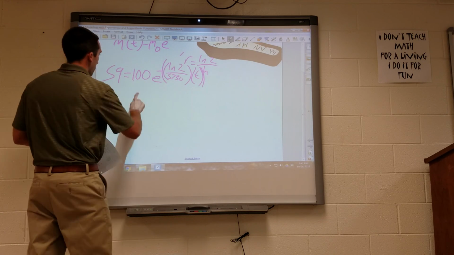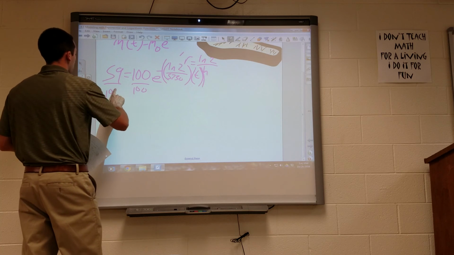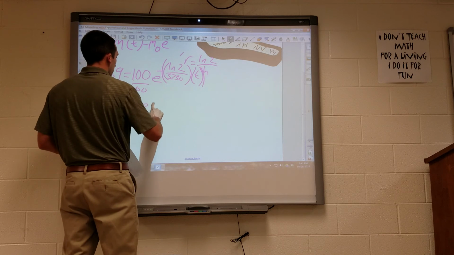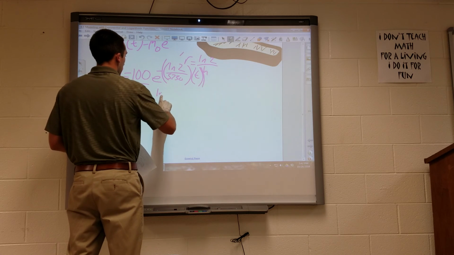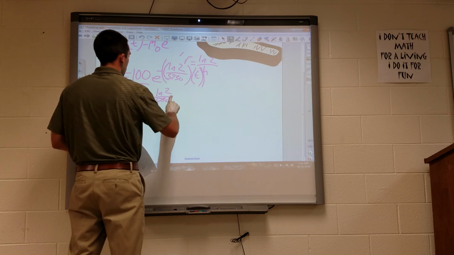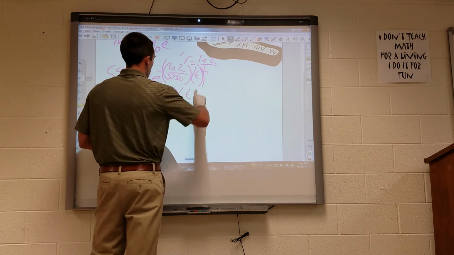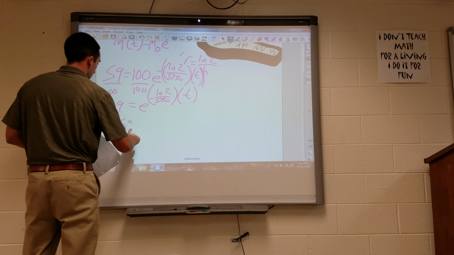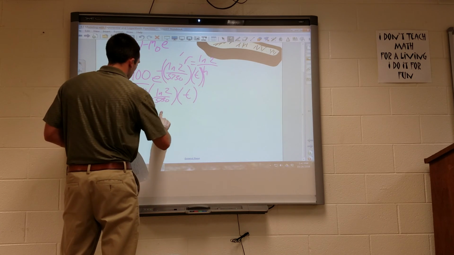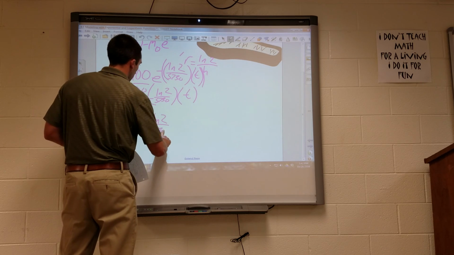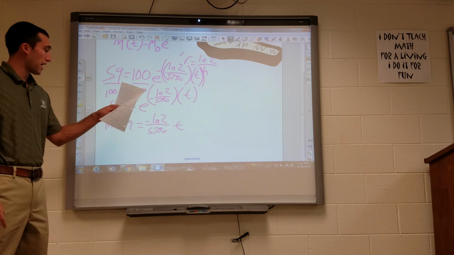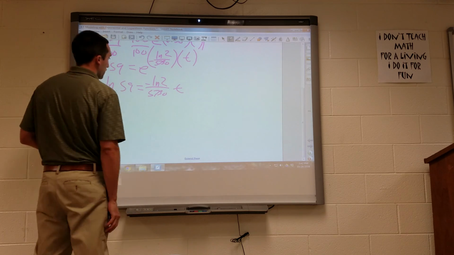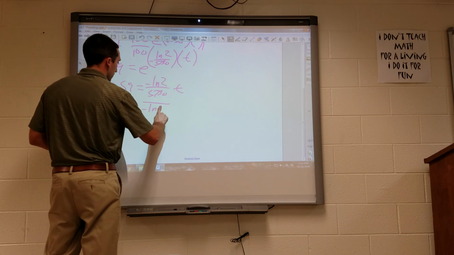So go ahead, divide by 100, same process as before, and then we get e raised to the negative ln 2 over 5,730 times t. And again, take the ln of both sides. So I get the negative ln 2 over 5,730 times t, and then obviously divide by negative ln 2 divided by 5,730, so I'm going to divide by all of that.